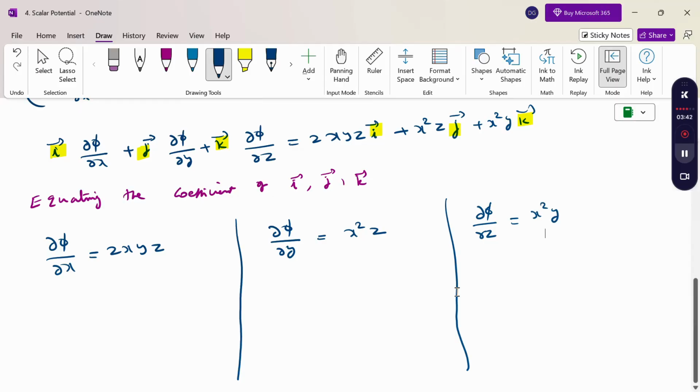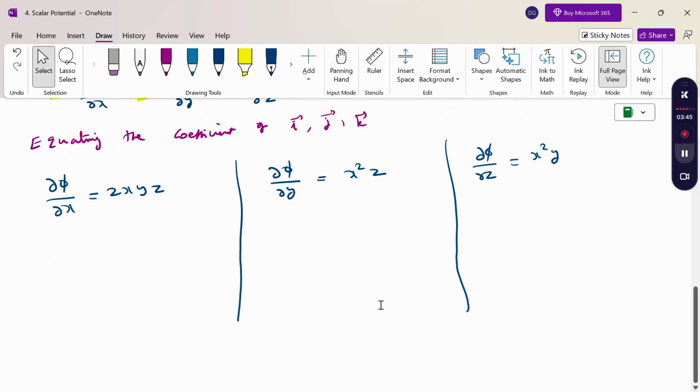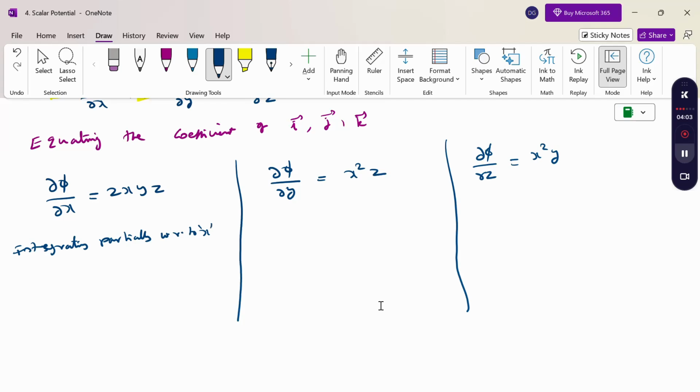For the first equation, integrating partially with respect to x. When I integrate dou pi by dou x I get pi, and on the right hand side x is the only variable, the other terms are considered constant.